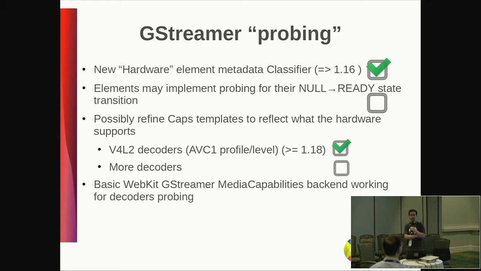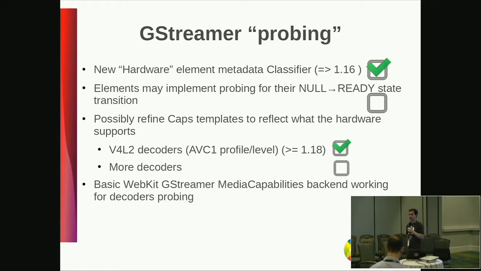Although we also added support for, I can show it maybe later on, every plugin can advertise which capabilities it supports, which is called caps in GStreamer. And for specific plugins such as Video4Linux, we refine those caps based on what's supported in the kernel.